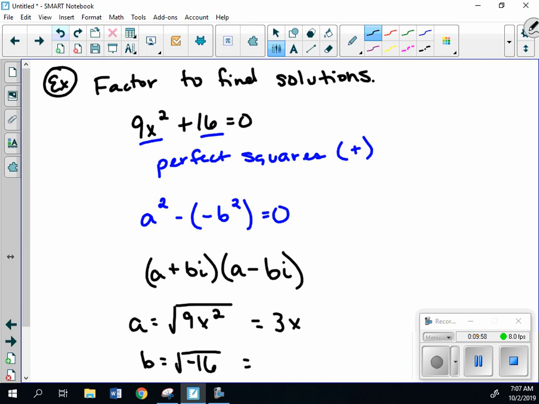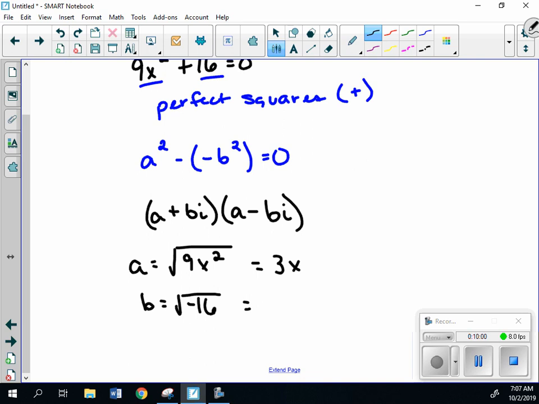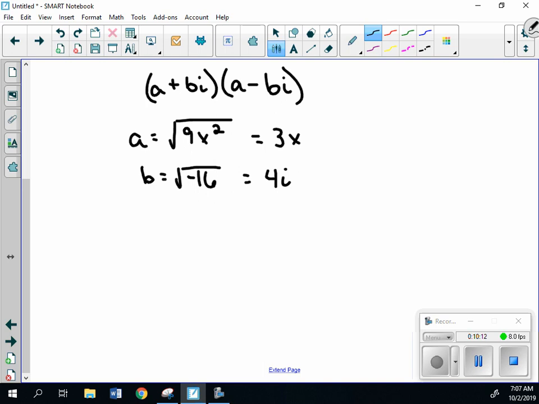Well, the square root of a negative 16 is going to be 4i. Square root of 16 just gives me the 4. We have the negative underneath the square root, which is going to give me the i. So our factored form is going to be 3x plus 4i, 3x minus 4i. And that's going to equal 0.